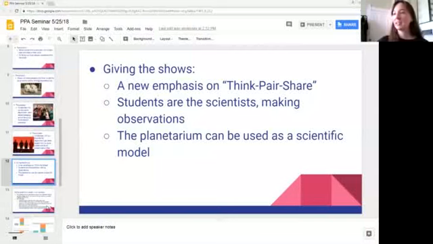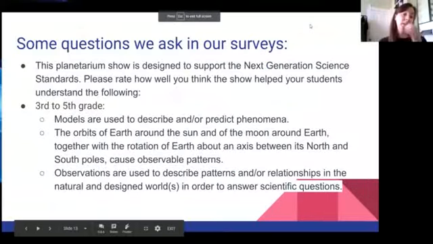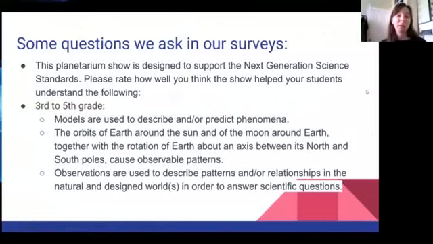We've also conducted surveys for the teachers that have come to see these shows, to see how these new techniques are working and whether we are in fact hitting the standards that we're hoping to, and providing good content so that teachers will want to keep coming back. Here are some of the questions we've asked for the 3rd to 5th grade show about the Next Generation Science Standards.